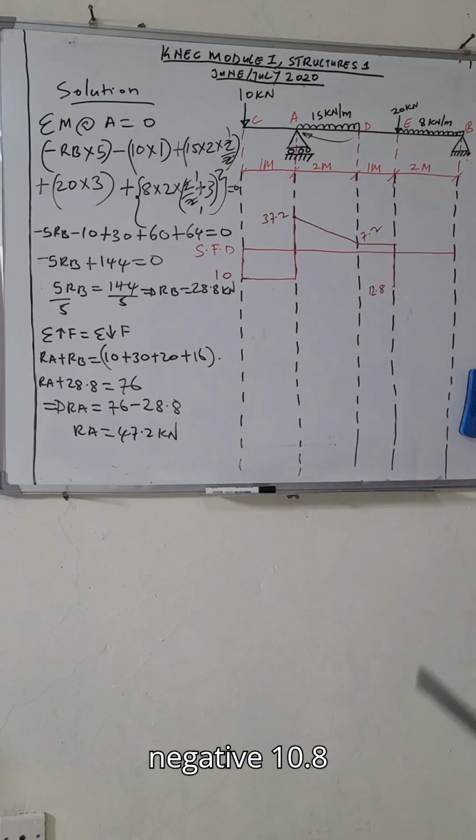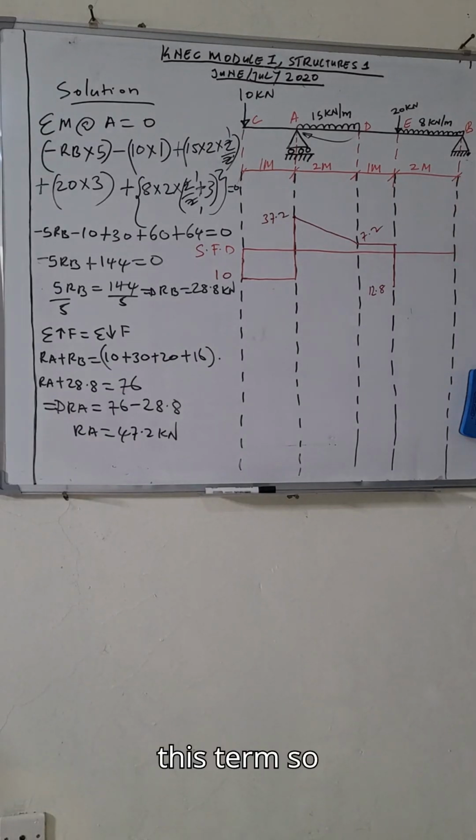This negative 12.8 minus again a UDL, which is 8 kilonewton per meter. Convert it first to a point load by multiplying the distance. So that is 8 times 2, that is 16. Negative 12.8 minus 16, that is negative 28.8.